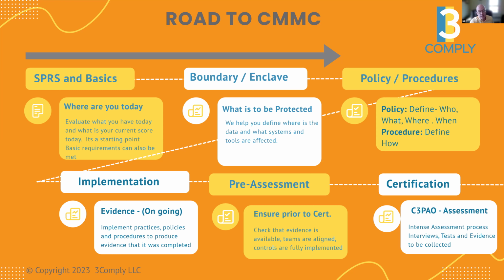You're then doing your implementation, which takes the longest of the whole process, going through and putting in the detail. The pre-assessment is what you're doing to set yourself up for that certification and making sure that things are checked. And the last portion is obviously going through the certification process.